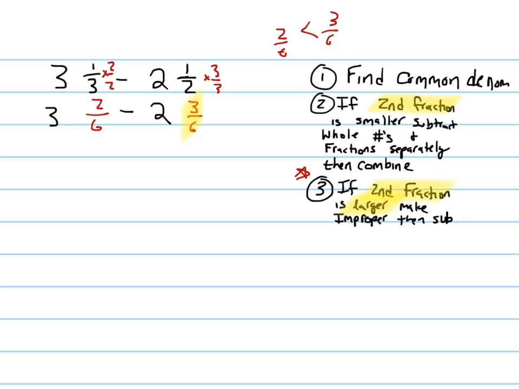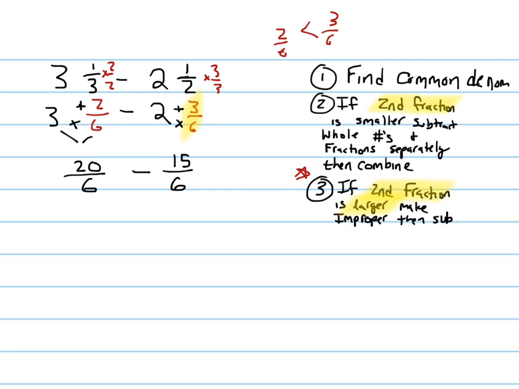So, what am I going to do? I'm going to do this, which hopefully we know, which is 3 times 6 plus 2. So 3 times 6 is 18, plus 2 is 20, so this becomes 20 over 6. So that whole fraction becomes 20 over 6. Minus 2 times 6 is 12, so 2 times 6 plus 3. That kind of helps remember it. So that's 12 plus 3 is 15 over 6.